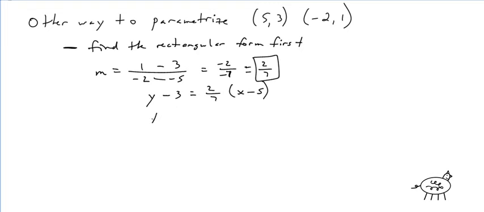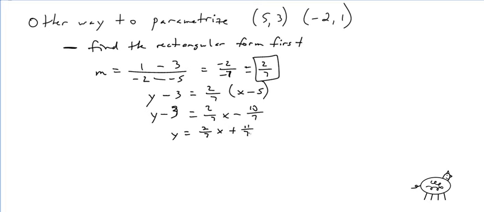And I distribute that, y minus 3 equals 2/7 x minus 10/7, and then add the 3 to both sides, so y is equal to 2/7 x plus 11/7. All right, so that is our equation in rectangular form in terms of y and x.